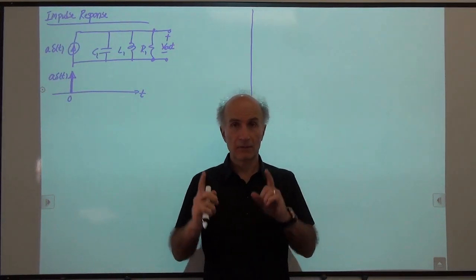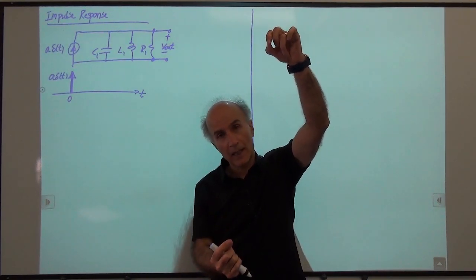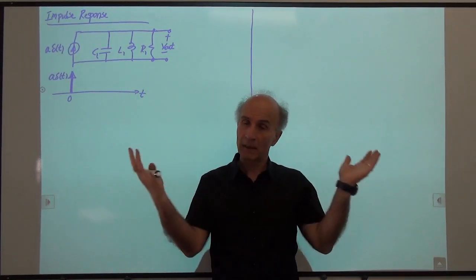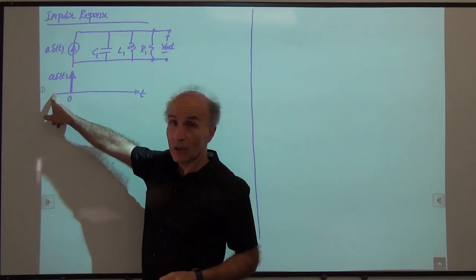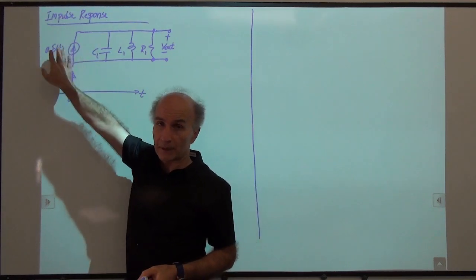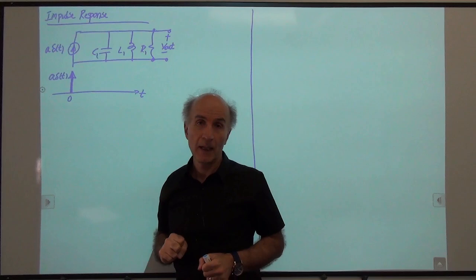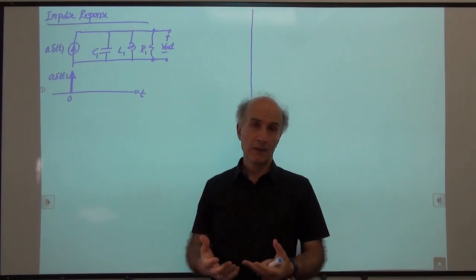It's a current that is very, very short in time, very, very tall in amplitude, and it injects a certain amount of charge into the circuit, and then it goes away. Before this point, we have no current. It's an open circuit. After this point, we have no current. It's an open circuit. At this point in time, we just give some charge to the circuit. And the question is, where does the charge go? And then how does the circuit respond?